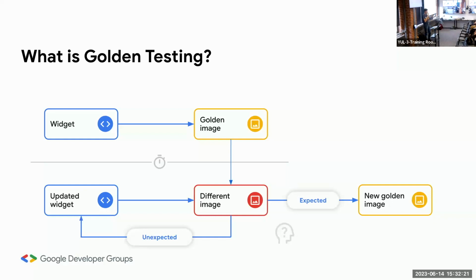Are there any questions so far? Yeah? What format are the images, and do they just overload your repo real quick? It's a PNG file, so it's compressed. You have only one per test case, so you don't have dozens of images that are generated every time. When the image is generated, only the golden is actually on the file system, so the others stay in memory, in bytes.